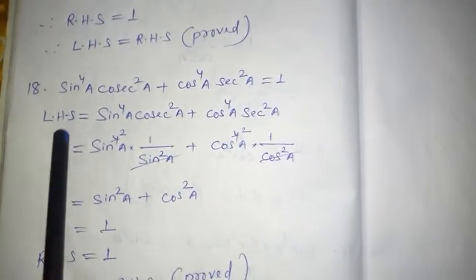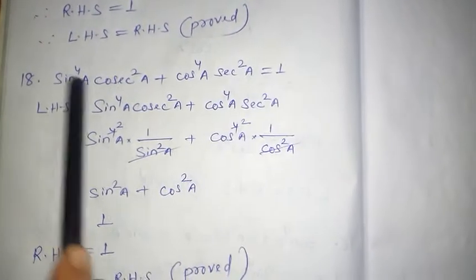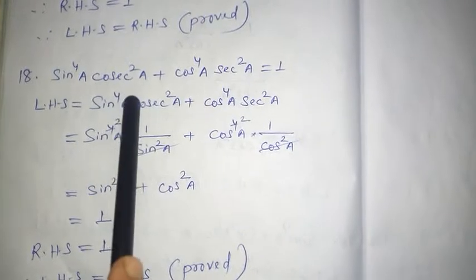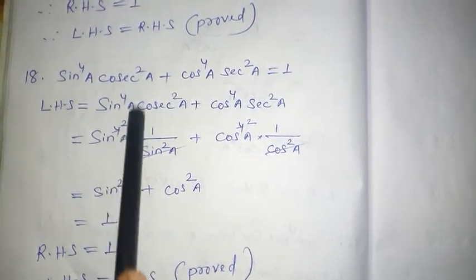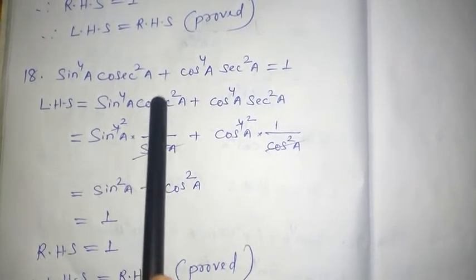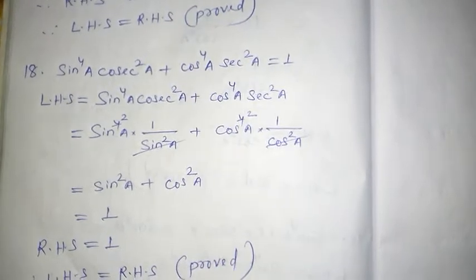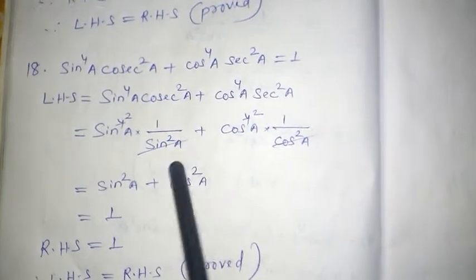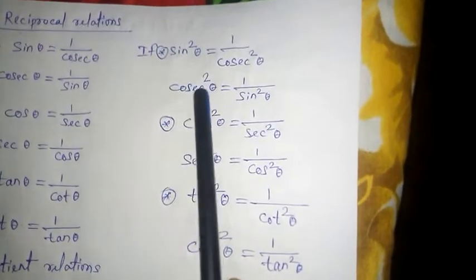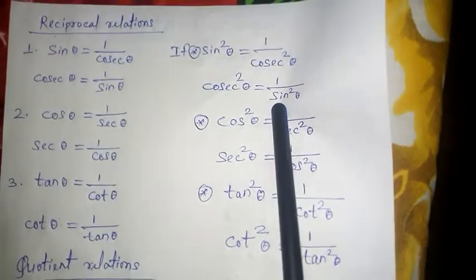Number 18. LHS, I wrote the same thing up to here. After writing, I did this: sin power 4a into cosec square a, I wrote the reciprocal formula, 1 by sin square a. I will show you the reciprocal formula here. Cosec square theta is 1 by sin square theta.